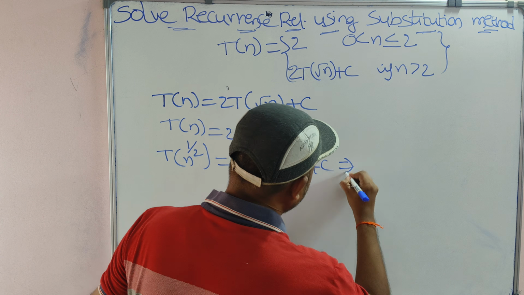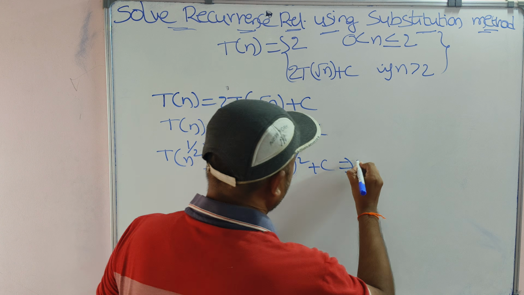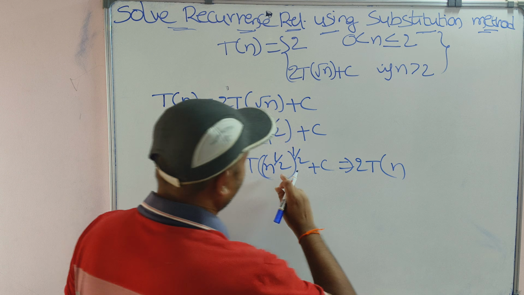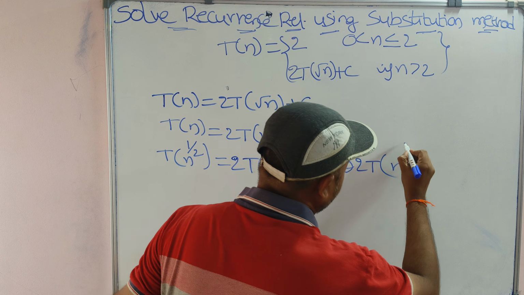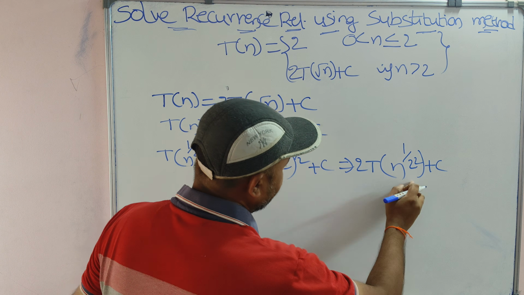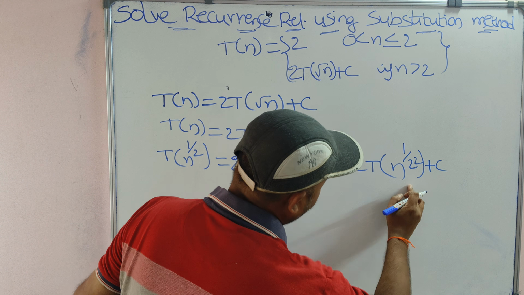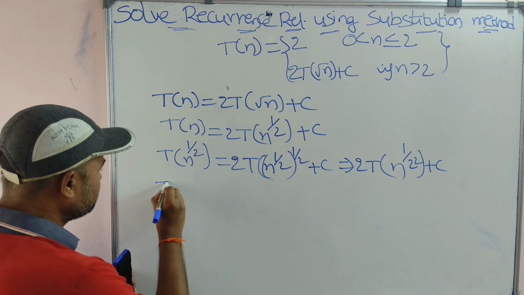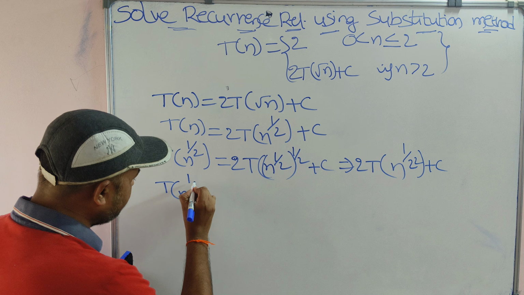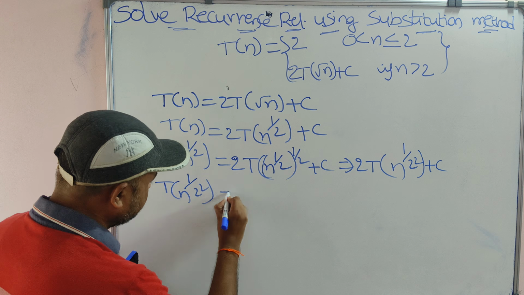So we can write this as 2 into T of n power 1 by 4, that is nothing but 1 by 2 square, plus c. Here we have T of n power 1 by 2 square. So let us derive the formula for T of n power 1 by 2 square.